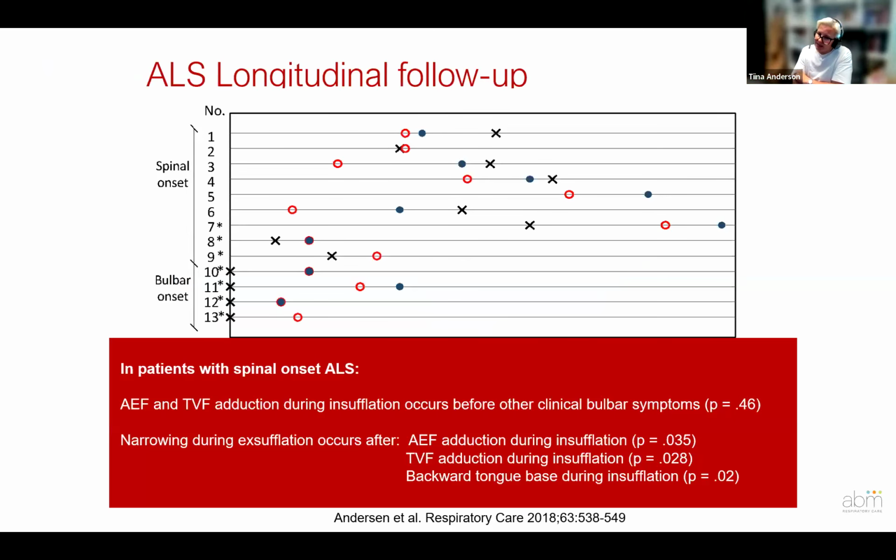And we saw that in spinal onset ALS patients, the insufflation gets problematic before they get other bulbar symptoms. So this MIE low might be their first bulbar symptom. And we also saw that the narrowing during exsufflation occurs after the insufflation adduction.